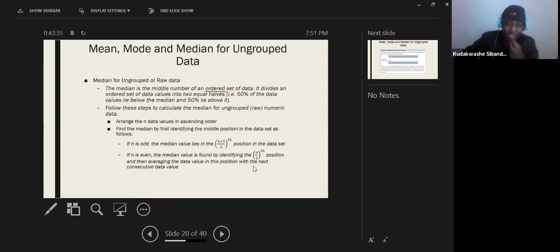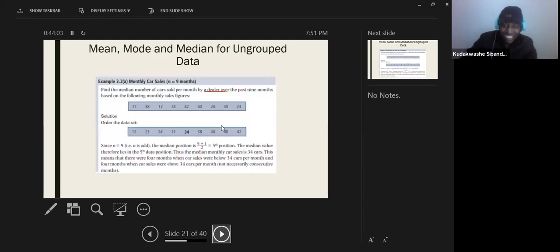Like in this case, it was the fourth position that we identified, then the next position is fifth. So you average the data value in this position with the next consecutive data value. You take the value on the fourth position and the value on the fifth position, add the two, and divide by two. The value that you get is the median for even data.